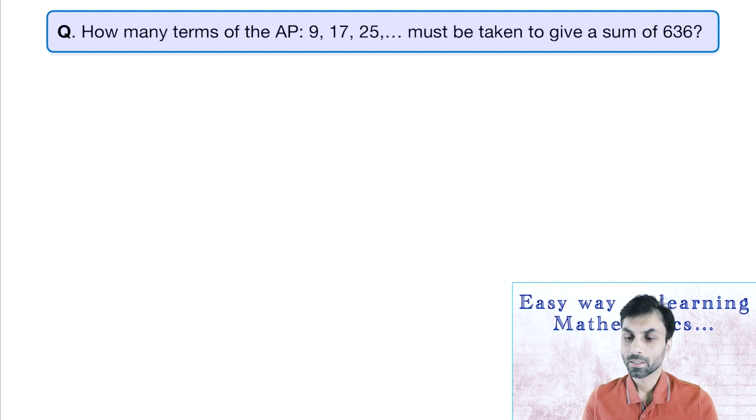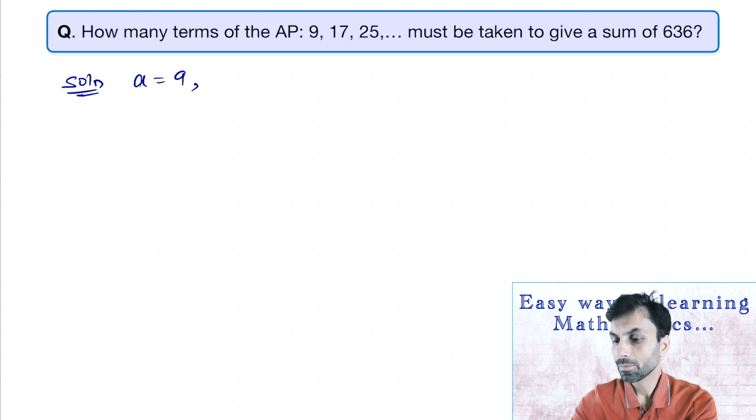The next question is, how many terms of the AP 9, 17, 25 must be taken to give a sum of 636? So here we know A is 9, the value of D is 17 minus 9, which is 8.